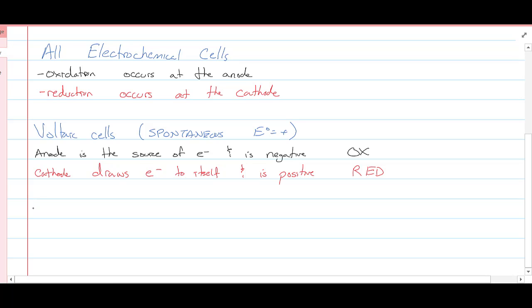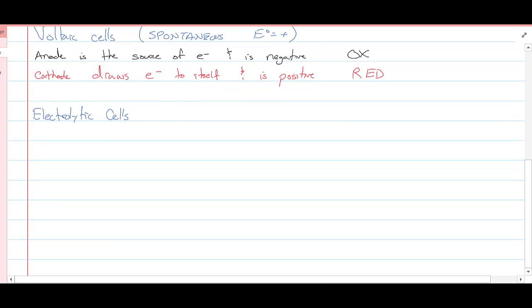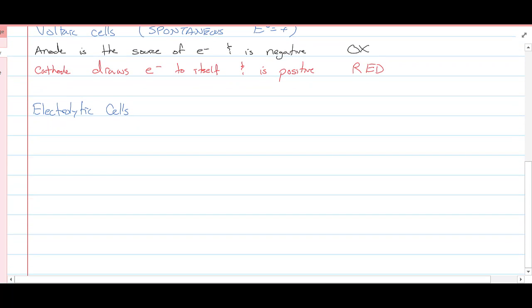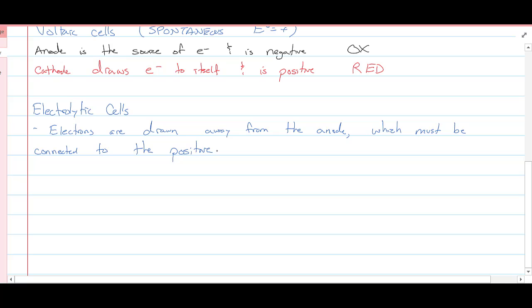In electrolytic cells, the electrons are drawn away from the anode, which must be connected to the positive terminal of the external power source.